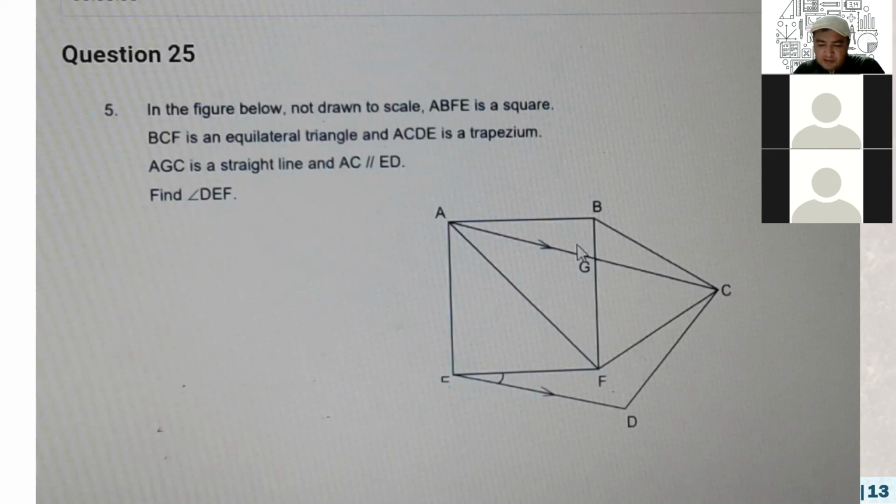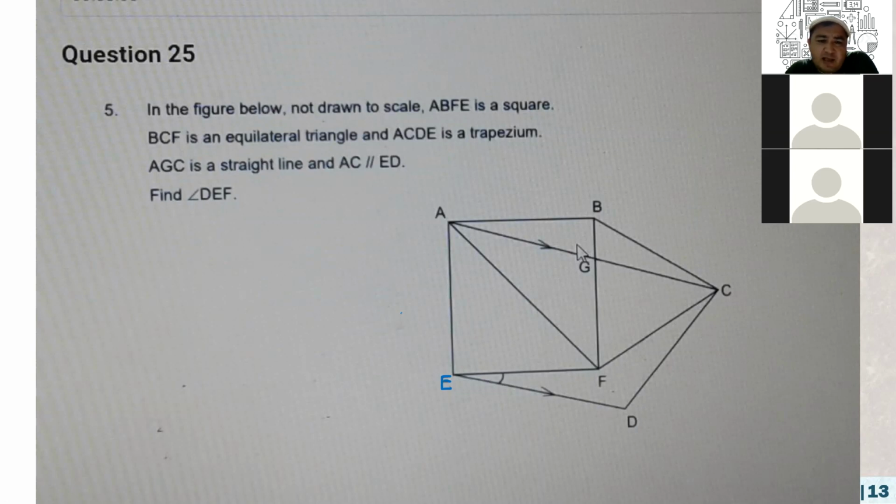First, Javid, read it. Let's first make sure that everything is clear, and after that you give it a try. In the figure below, not drawn to scale, ABFE is a square, BCF is an equilateral triangle, and ACDE is a trapezium.